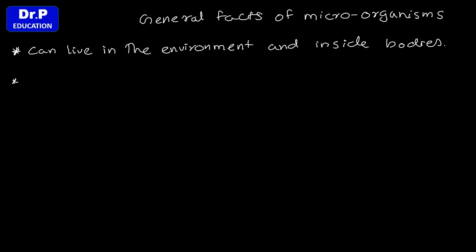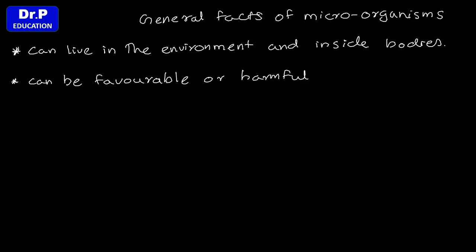They can be favorable or harmful. Favorable means they can be helpful. For example, the microorganisms in our digestive system help us to digest food.